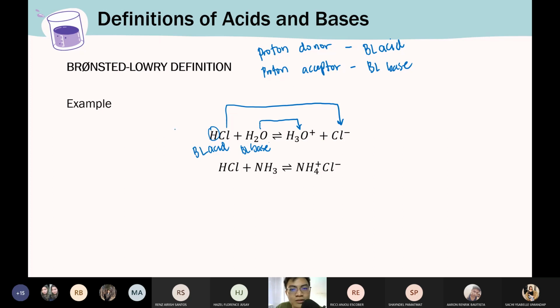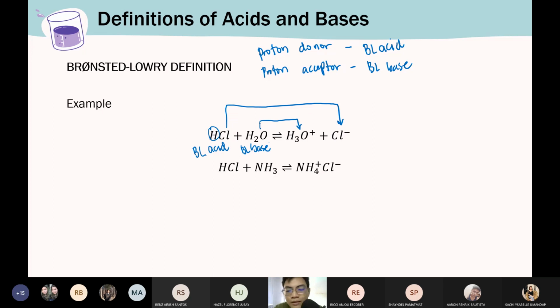No? So, sabi nila, you don't need to look for the OH. All you have to do is to monitor where the hydrogen is going. If the hydrogen is removed from the molecule, meaning it is donated, so, siya yung acid. If it increased in terms of number of hydrogen, that means siya yung acceptor ng proton, or in other words, siya yung base.